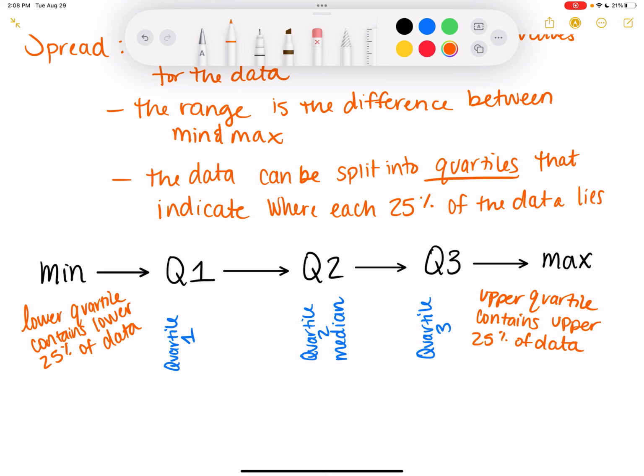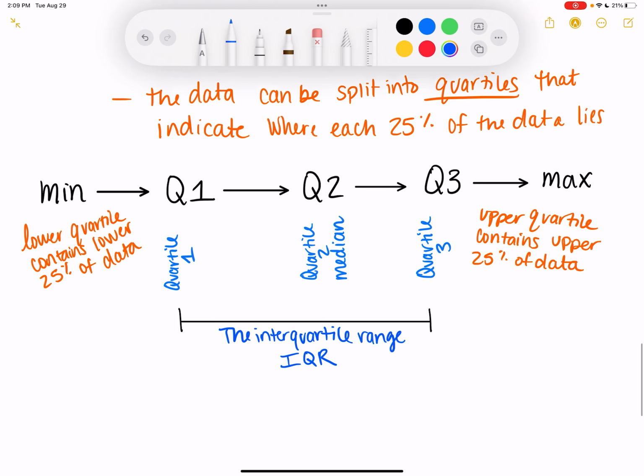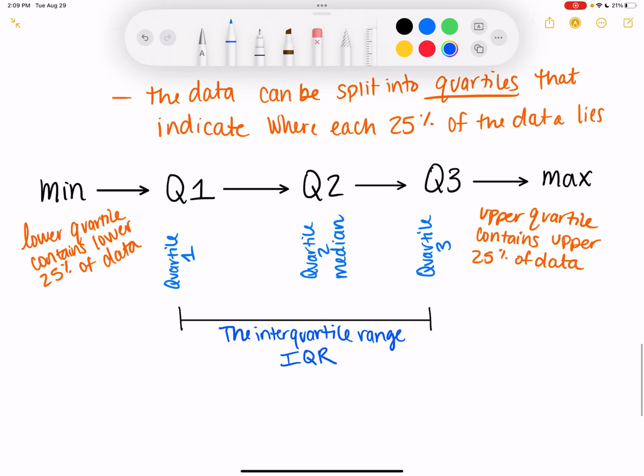Okay, also known as IQR. This is very important because IQR is going to be a part of helping us figure out if things are outliers or not. And so the interquartile range, or a lot of times you will just hear me say the IQR because interquartile range is kind of a mouthful. Interquartile range is the middle 50% of the distribution.